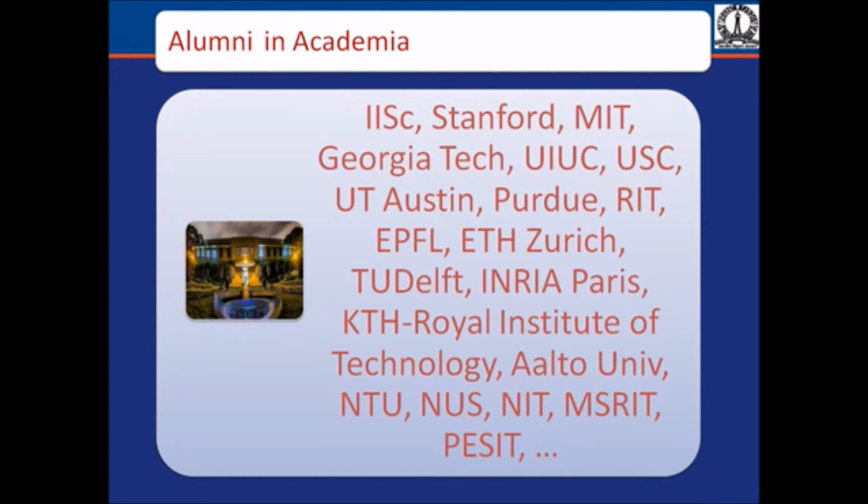These universities have not just provided the opportunity for them to do their PhD, but many of them have also joined faculty positions in top schools, including University of Michigan, Berkeley, UT Austin, and so on.